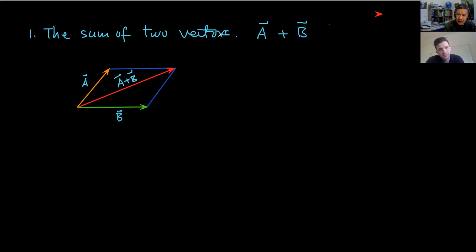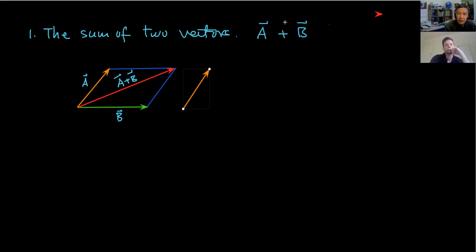The variation of the sum rule is this. Let me redo that. This time I draw the first vector first.